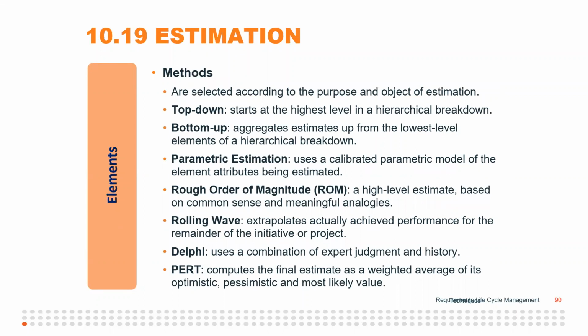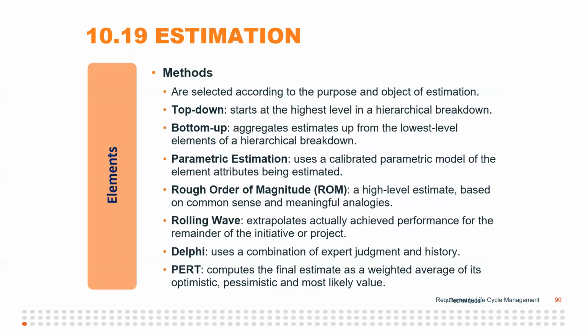So there are various methods. We've got top-down, so that's top-down estimation, and sometimes that can be a very accurate way to do it, especially if you've got someone who is a subject matter expert. And then bottom-up is where you estimate from the lowest level elements or the lowest level tasks, with the largest amount of detail, and then you add it all up together.